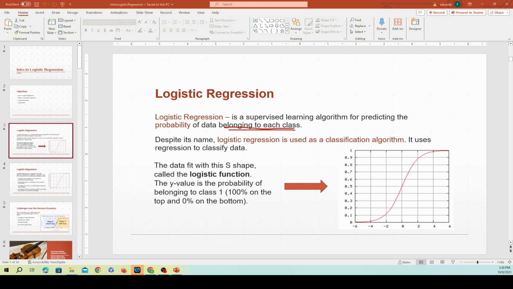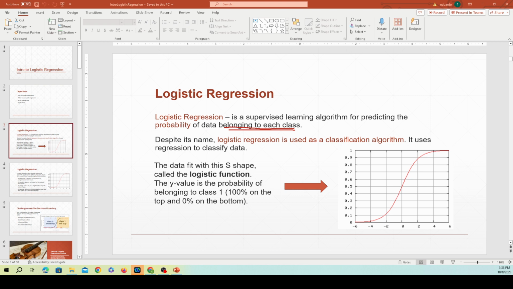Those are continuous values. Temperature is continuous, and the number of inches of rain is also a continuous value. I just wanted to make sure that you understand there's a difference here. Even though it's a regression, it's not used to predict a continuous value, but instead it is a classification.